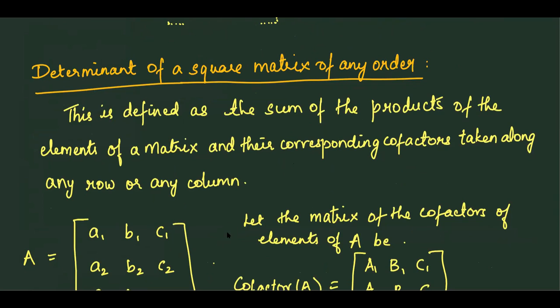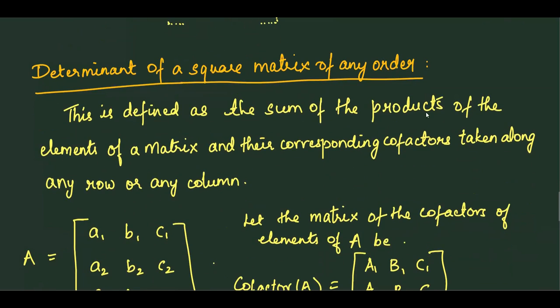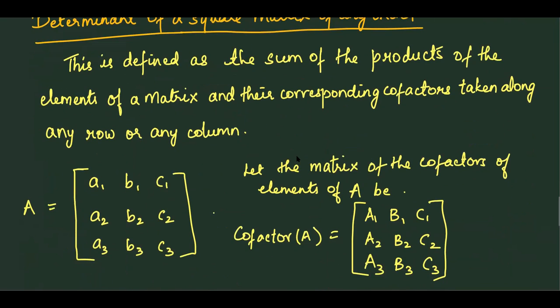Now, next is the determinant of a square matrix, how is it defined? It is defined as the sum of the products of the elements of the matrix and their corresponding cofactors taken along any row or any column.